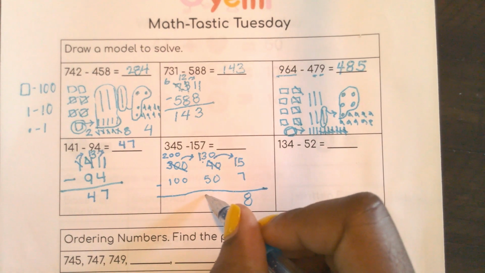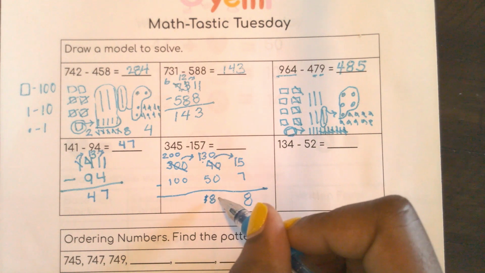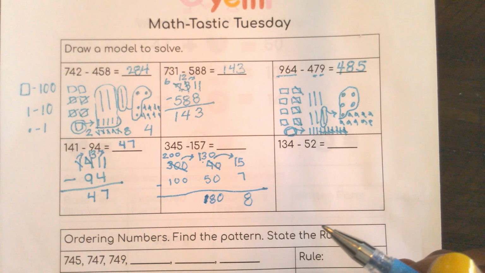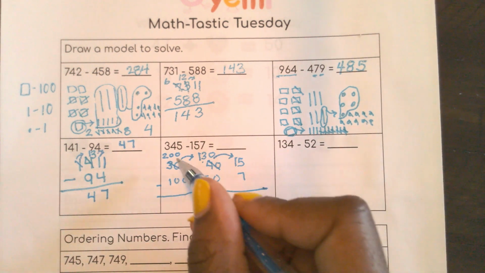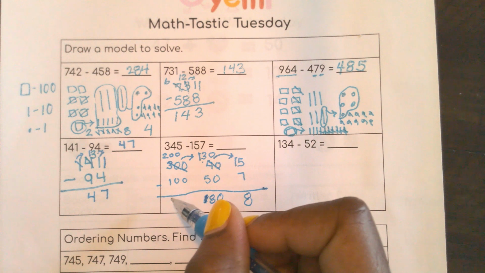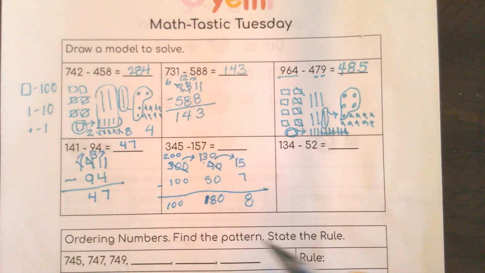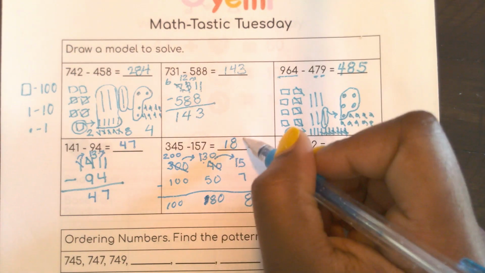Oh, sorry. I would just have 80. I'm subtracting. Now I have 200, and I would subtract 100. So my final answer here is 188.